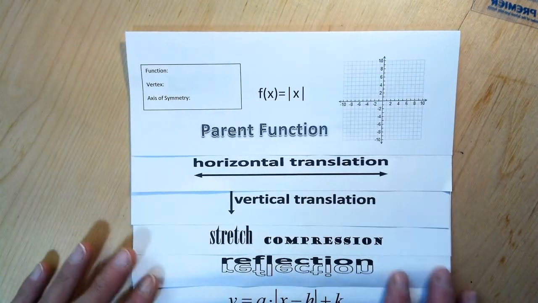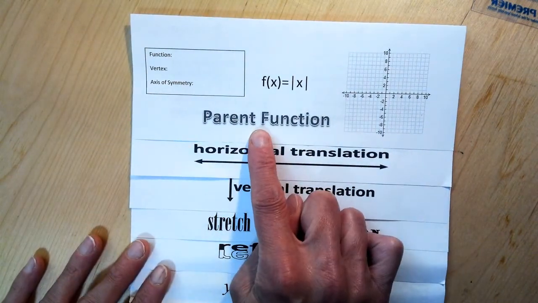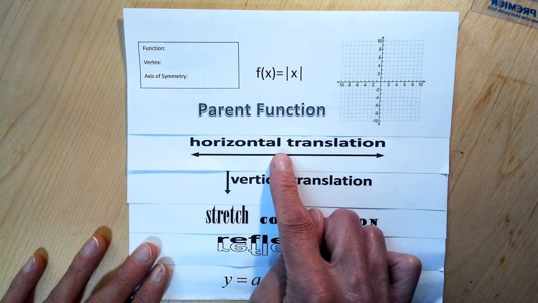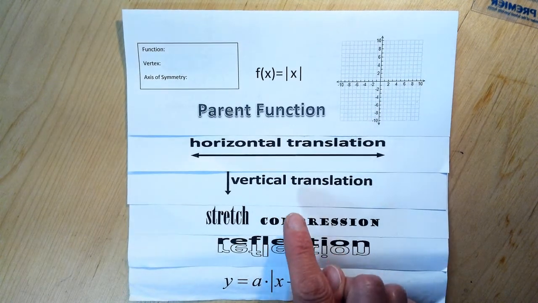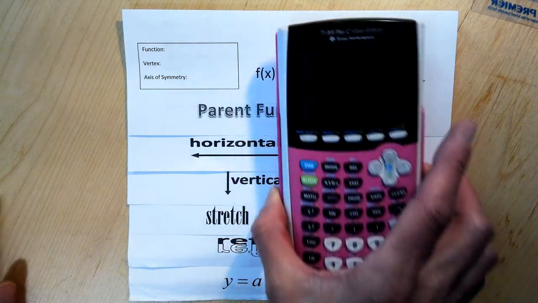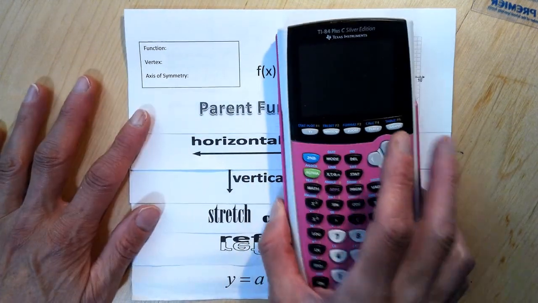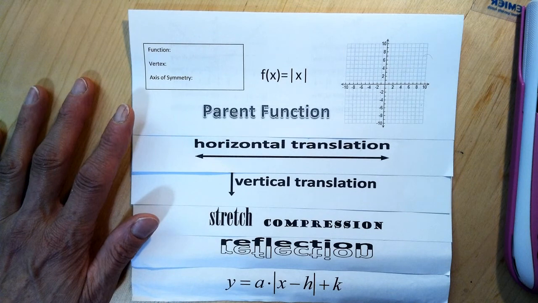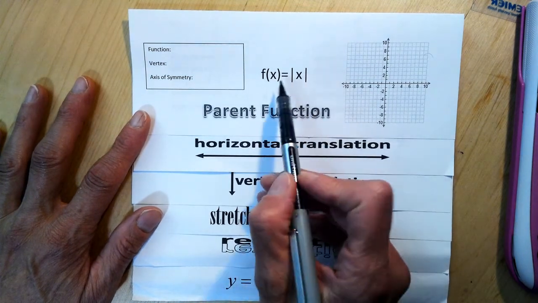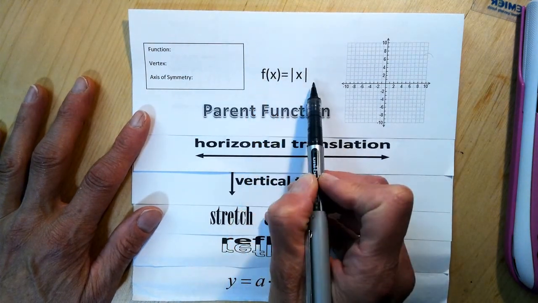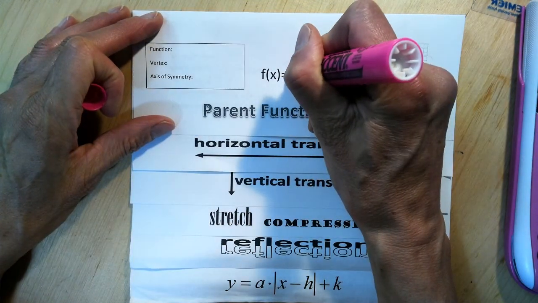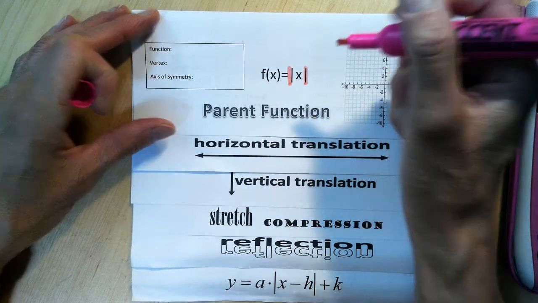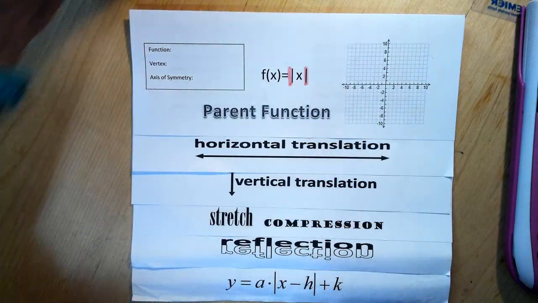Okay, so for this video, we're going to talk about the parent function, the horizontal translation, and hopefully the vertical translation. So you'll need this, and I'm also going to show you how to do things on your calculator. Okay, so here we have the equation of the function, and because it has these absolute value marks here, this makes it an absolute value function.